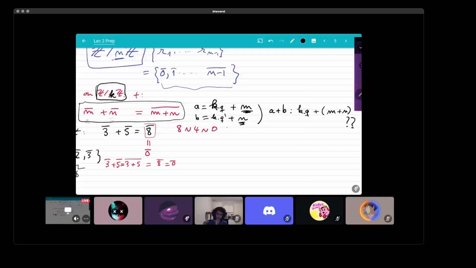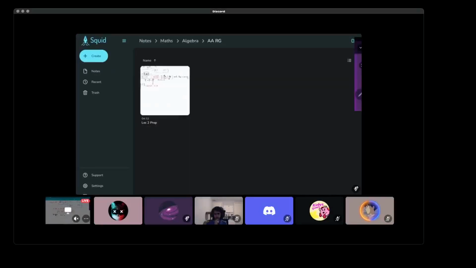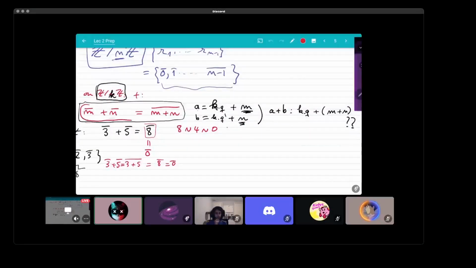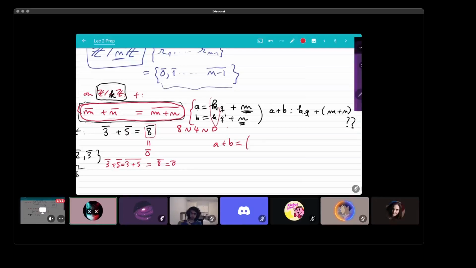That's what this law being well defined would mean. And it is, because we can rewrite this little system of equations as a plus b equals the sum of these plus the sum of these, and so it is indeed equivalent to m plus n.